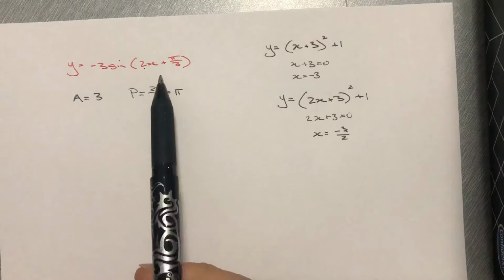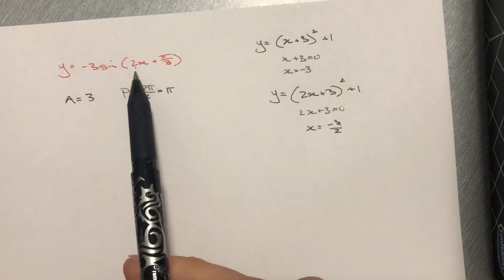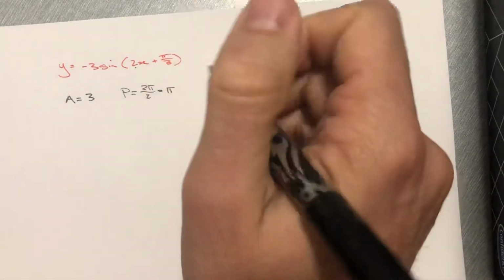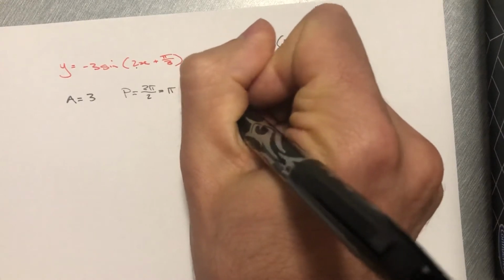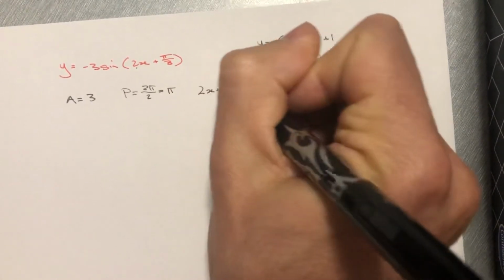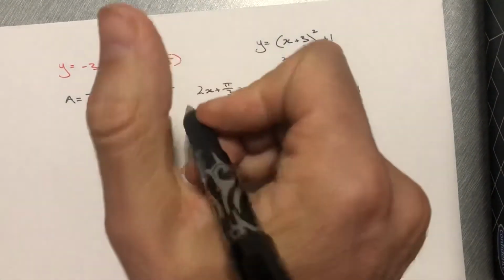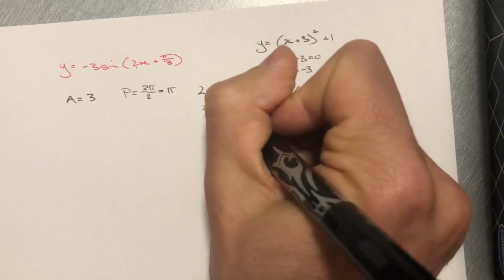So that works exactly the same over here as well. We can't forget about this 2x here when we're talking about horizontal translation. So if we tried to work out how we're translating, it would be 2x plus pi on 3 equals 0. And if we solve for x, we're going to have x equals negative pi on 6.